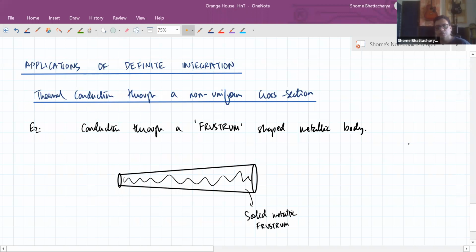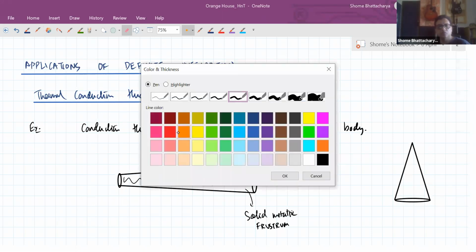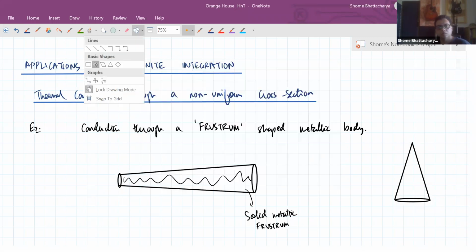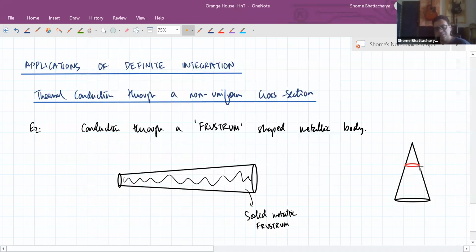So the frustum of a cone is this kind of a shape. We have a cone like this and now we cut the cone into a section like this.